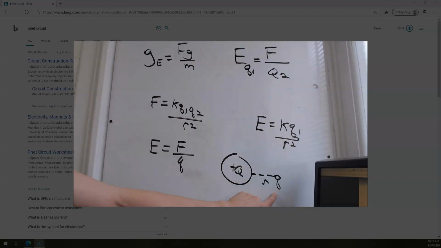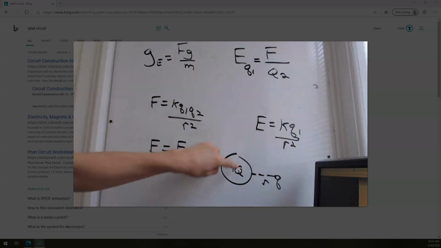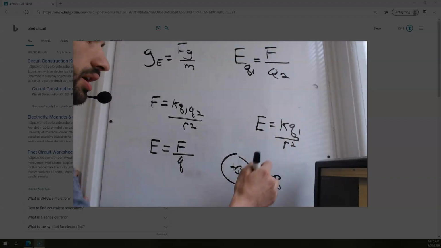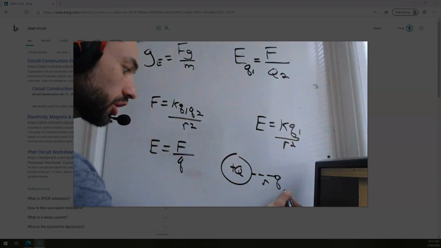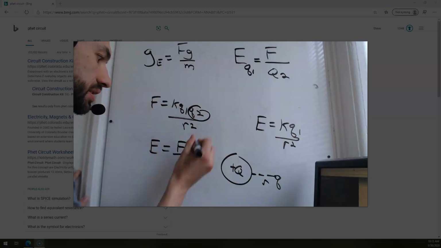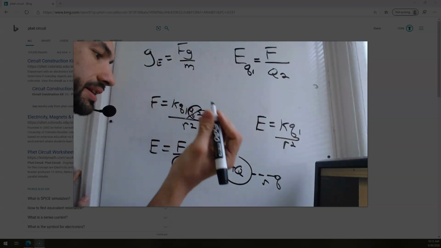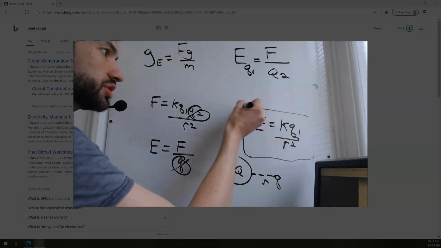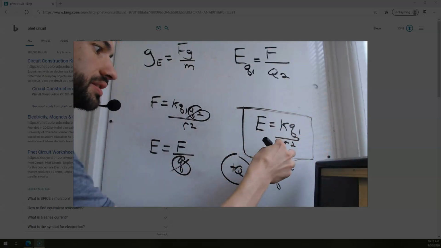So this other charge goes in this equation and then gets divided again. So if you put these two things together to find the field strength for this charge and just this charge, the other charge that you made up is going to disappear. It's just going to go away. It's not there anymore.